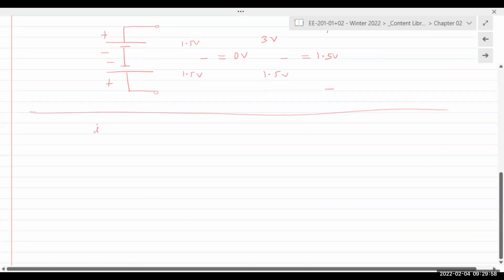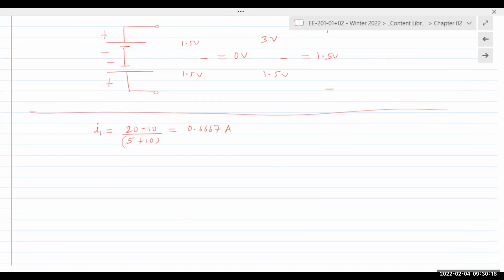So now I can find I1 as 20 minus 10 divided by 5 plus 10. 10 divided by 15, 0.6667 amps. Now that is the current that's flowing through R2 because the circuit has changed. It's not the same.